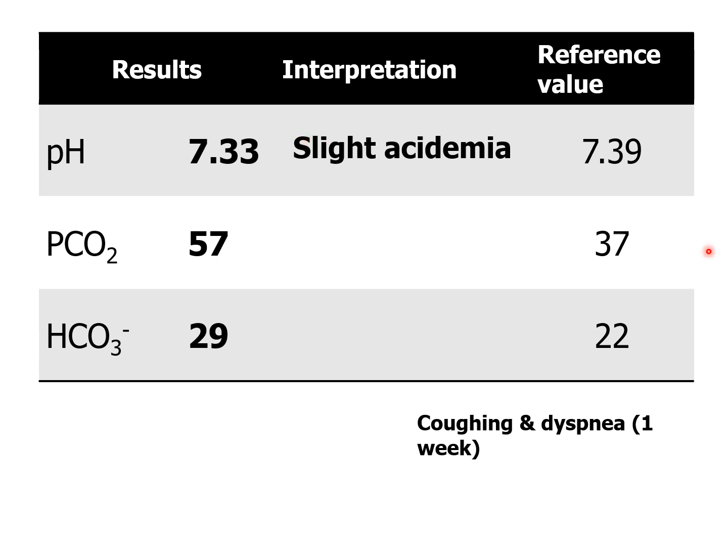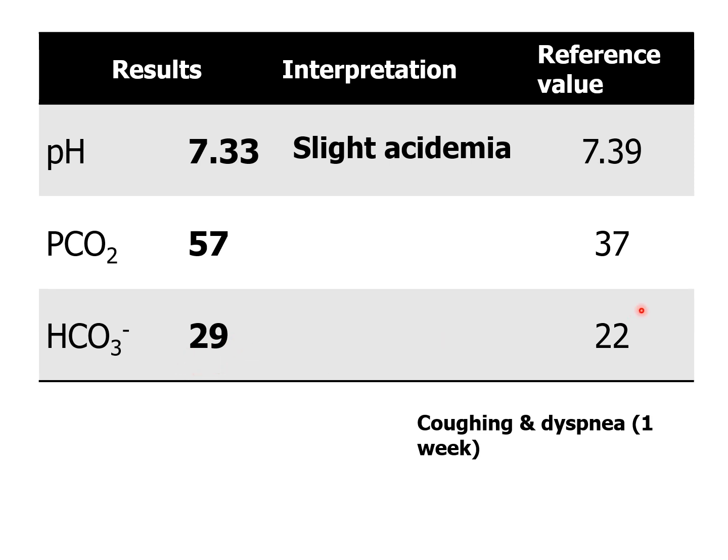The next thing that we are going to consider is the origin of this particular acidosis, whether it is respiratory or metabolic in origin. When we consider our bicarbonate, the bicarbonate is high.